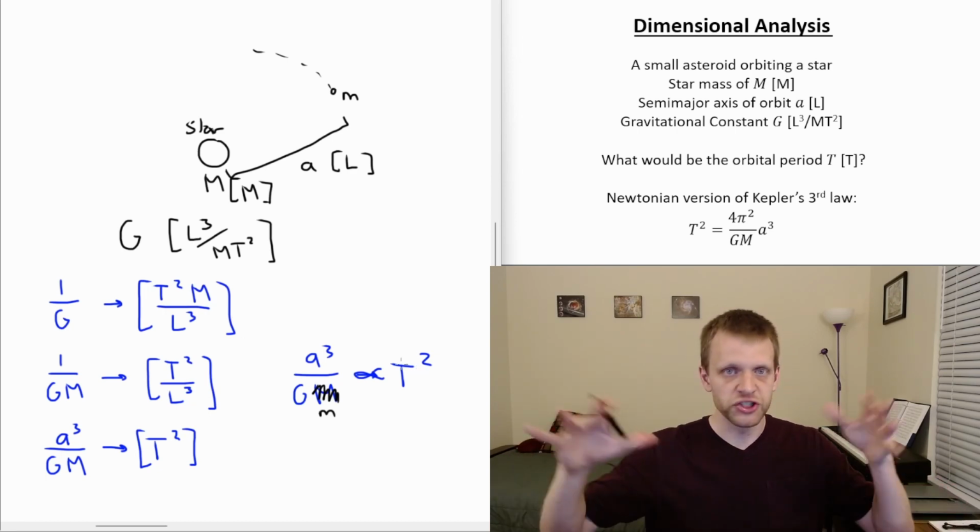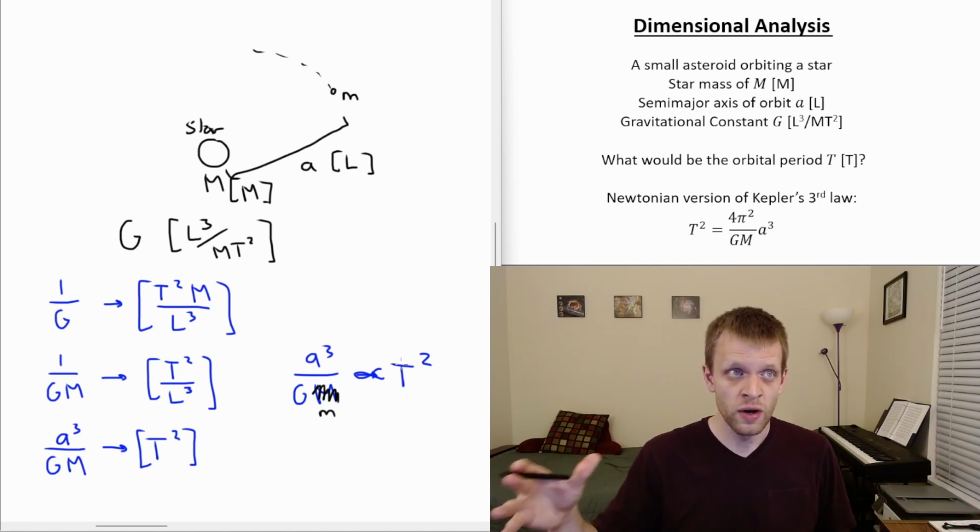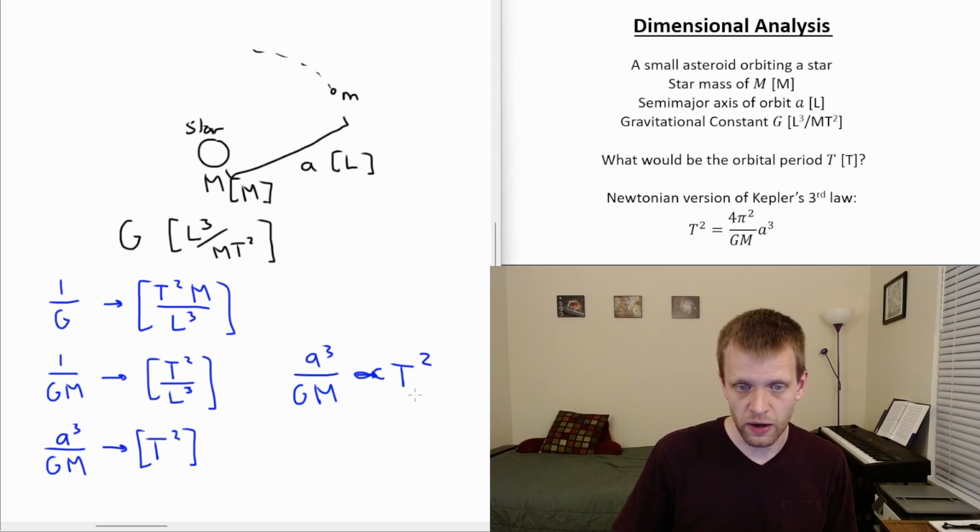Okay? Much, much longer than the time scale that we have already identified. So more stuff is going to be happening on this shorter time scale when we use the larger value of M, the mass of the star, than if we were to include the mass of that smaller object.